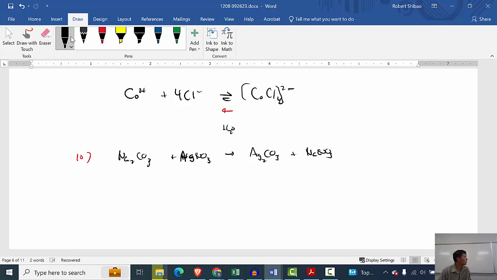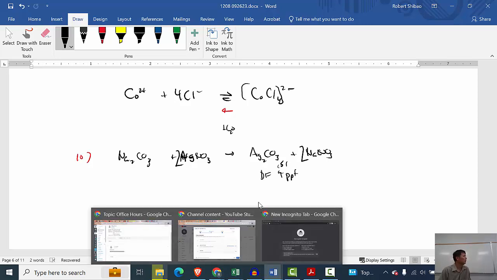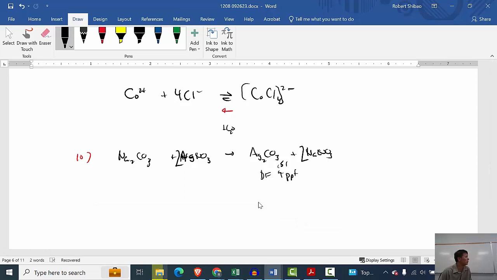We're going to form silver carbonate and sodium nitrate. To balance this, we'll need 2 silver nitrates and 2 sodium nitrates. And we're going to have a driving force for this. Driving force is going to be precipitate. What color is silver carbonate? White. And so we should end up with a white PPT here.